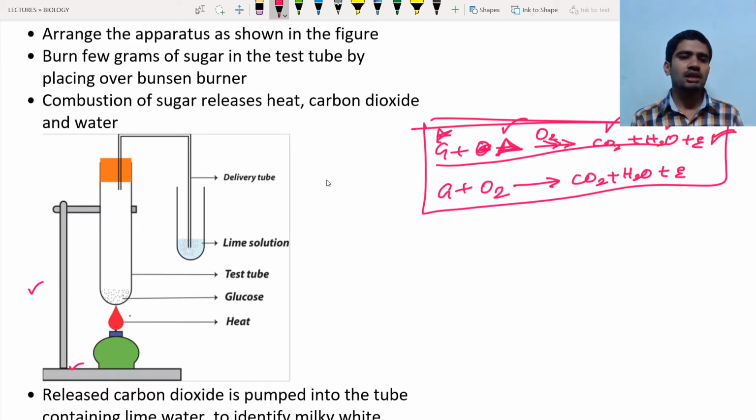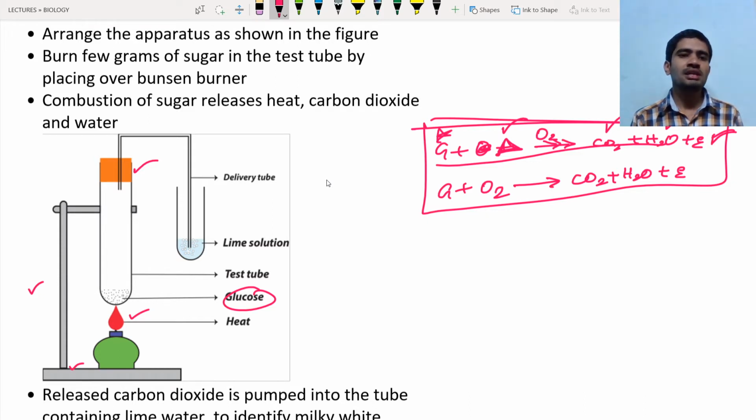Here we have taken a normal lamp, and above the lamp we have fixed a tube containing sugar solution. We may take glucose also, because glucose is also a sugar. Glucose molecules or sugar crystals are taken in the test tube and fixed to the stand, and we put a rubber stopper above it and insert a delivery tube.